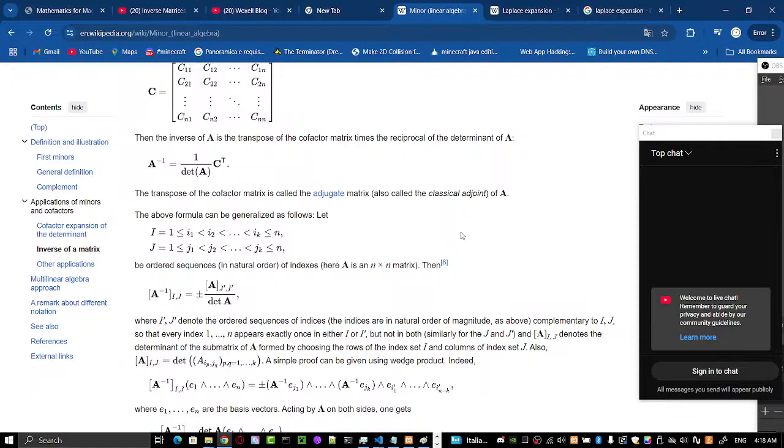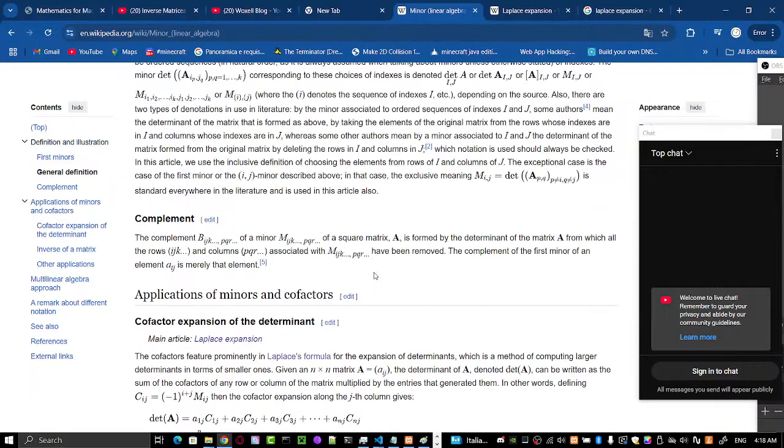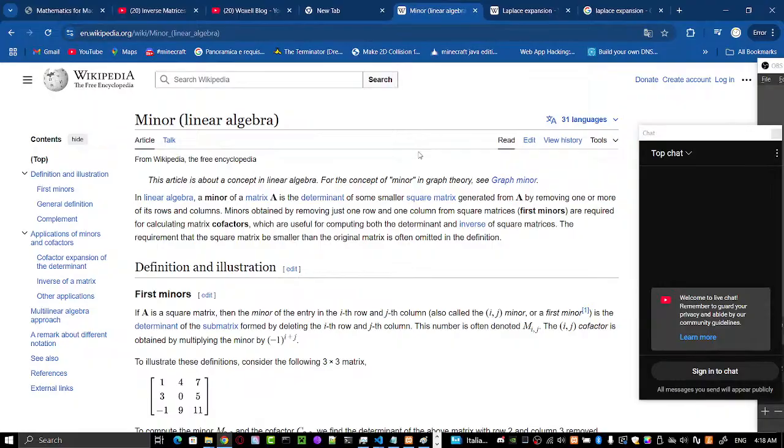So to calculate the inverse of a matrix, we have some steps. First thing is find the minors. So you find the minors and then you put them in the matrix.